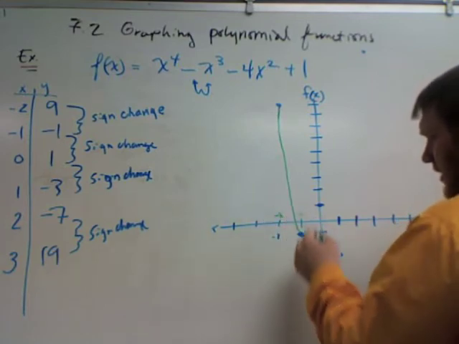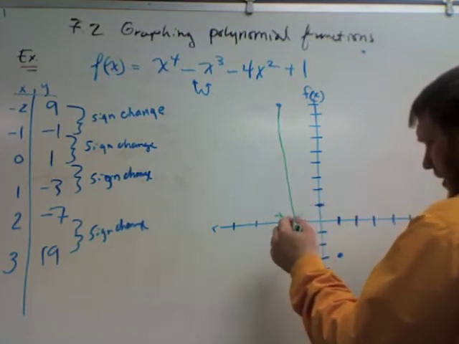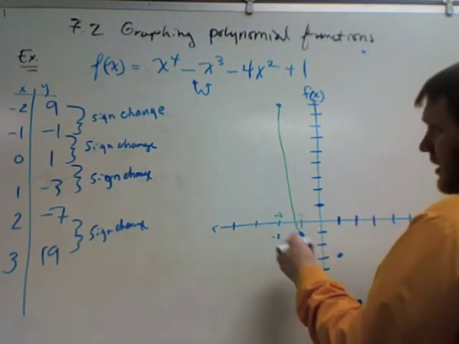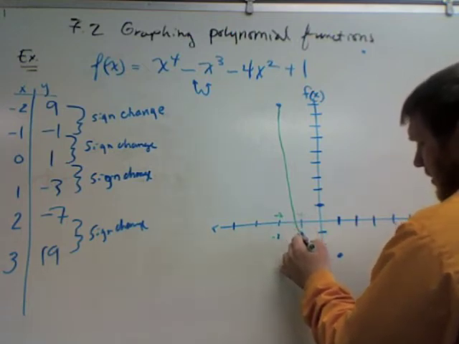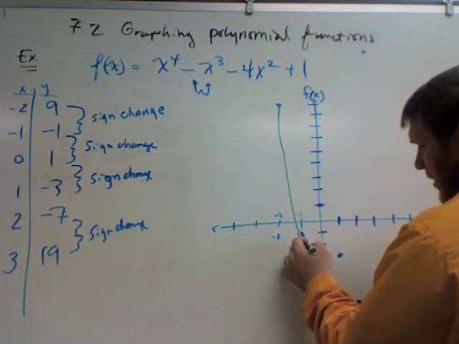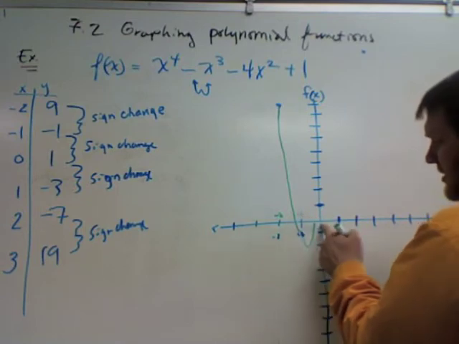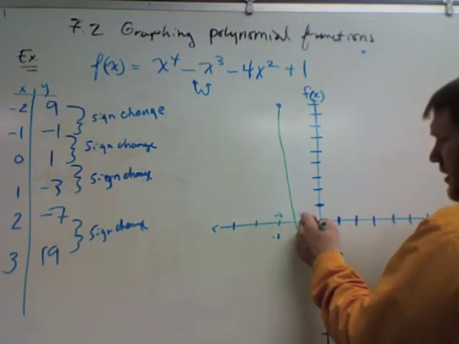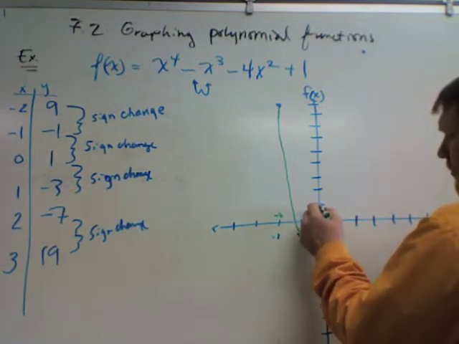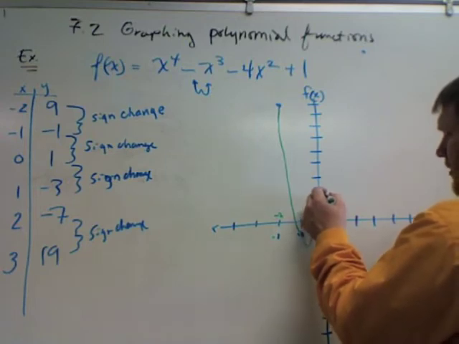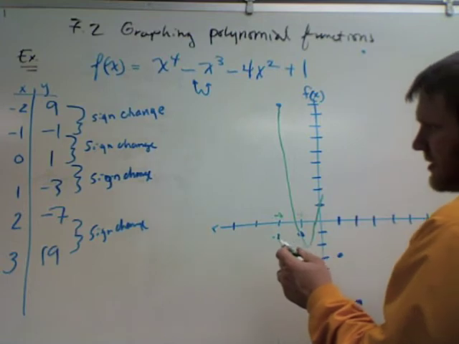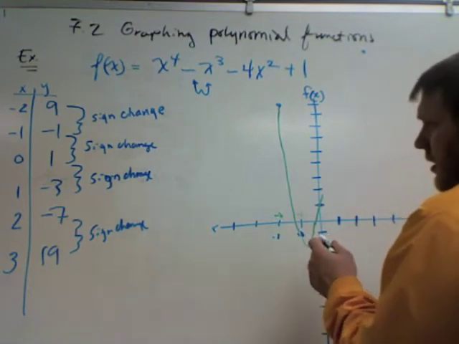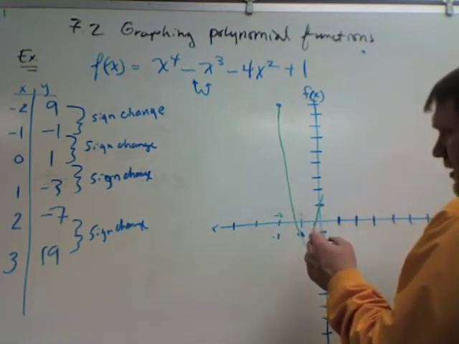Then I come down. I'm not sure where I would start, I guess I haven't really covered that yet. We'll come down here. It's got to make a turn somewhere and come back up between negative 1 and 0.